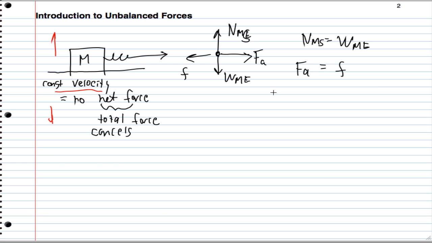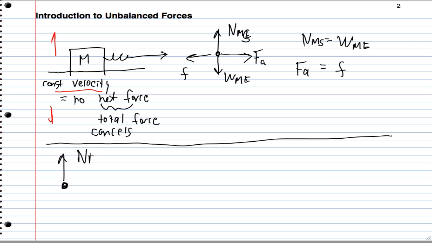And of course, in your worksheet, you had problems where I had you calculate the difference between the applied force and the friction force. And what we want to do in the lab that I'm going to have you do tomorrow is we're going to actually deal with the situation where we're going to have vertical forces, where we're going to have a normal force on the mass due to the floor, and the weight of the mass due to the earth.